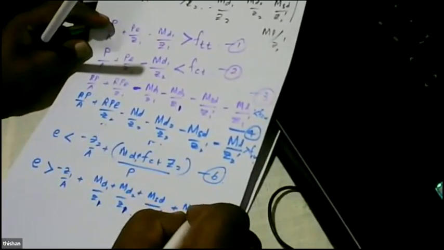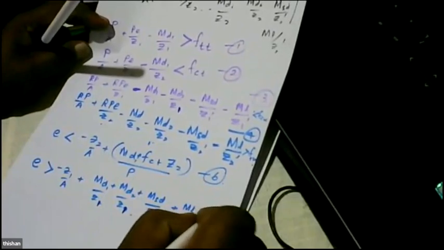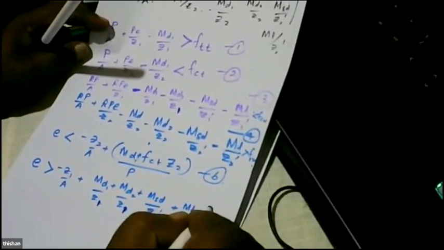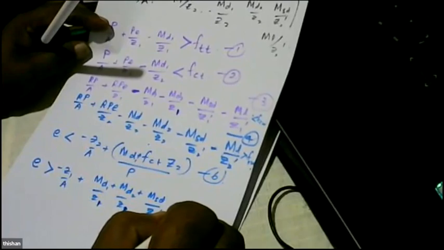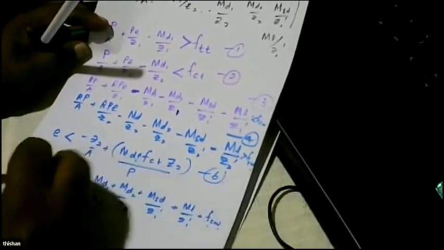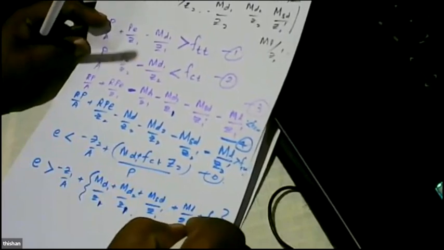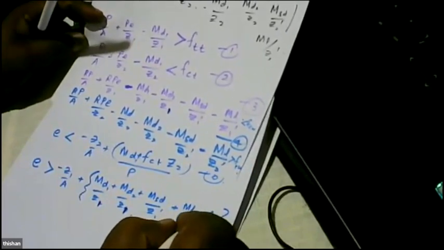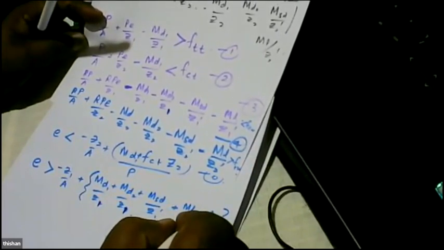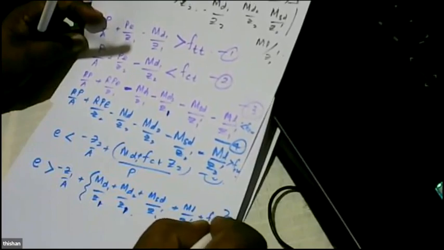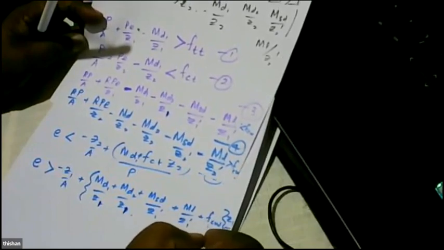This should be greater than F tension at working conditions, right? So here you get plus FCW multiplied by the whole thing multiplied by Z1 over P.